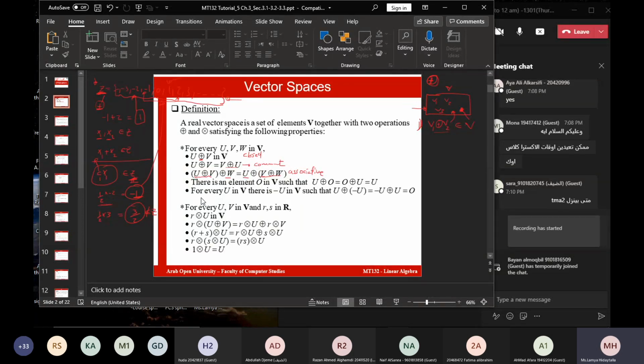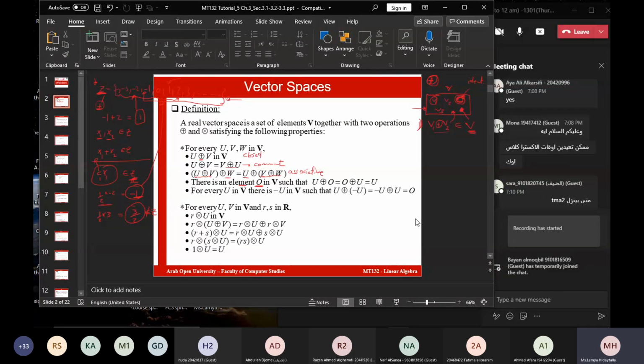The fourth thing, sorry, we should have the zero element, such that it should be an element here. So when you do V1 plus this, the result should be V1. This zero vector should belong to your set. It is called the identity. So the identity should be one of the elements of this vector space.